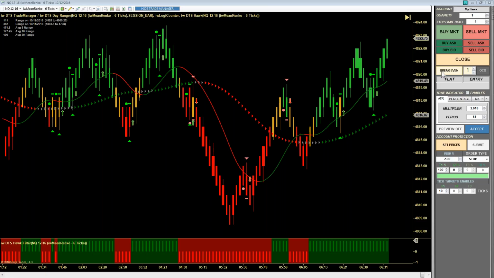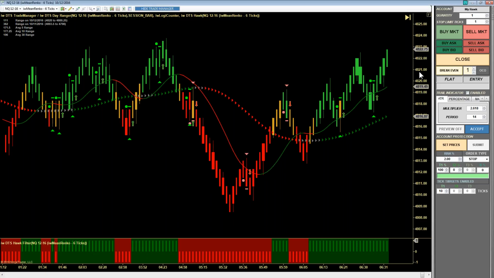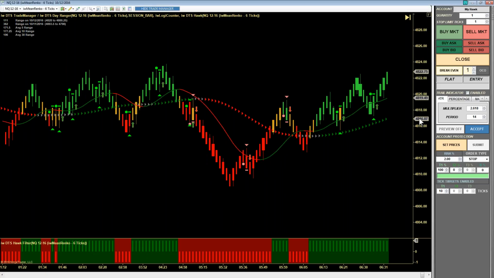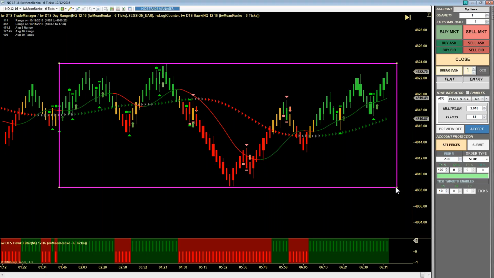So then how do you trade a sideways market? Quite honestly, there's really only two ways to trade a sideways market. Option one is to sell the top end of the sideways market and buy the bottom end.